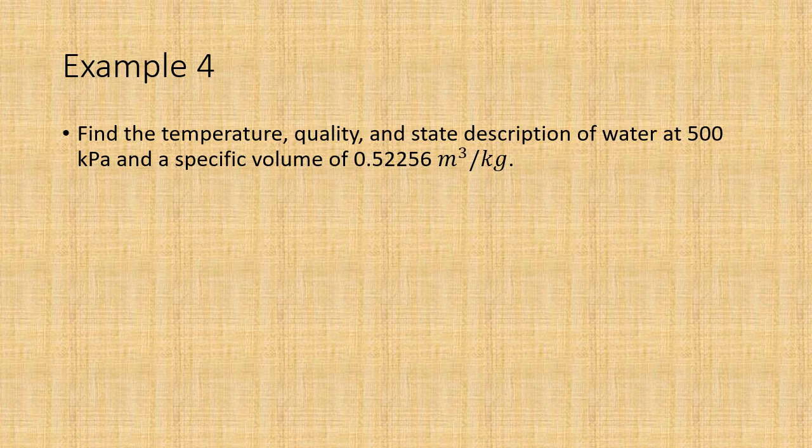Otherwise, continue watching to learn how to use linear interpolation and the solution to this example. Alright, here is the solution. In this example, we are given the pressure and specific volume, so we should head over to the pressure table to find the state description.